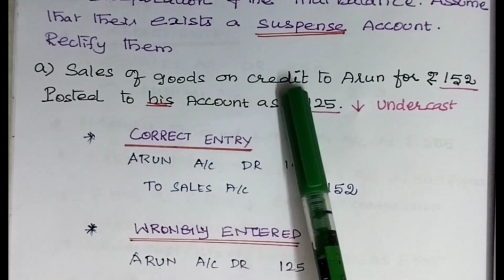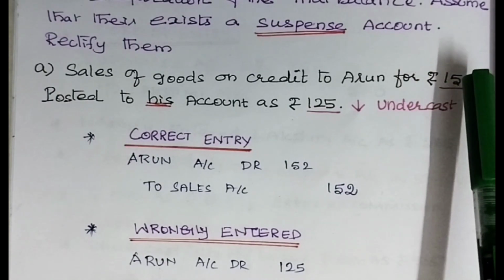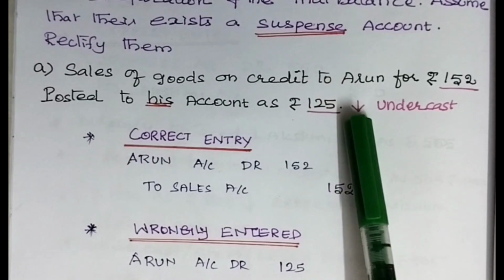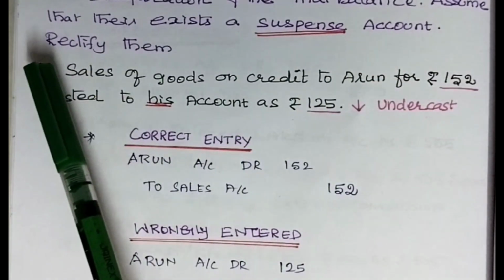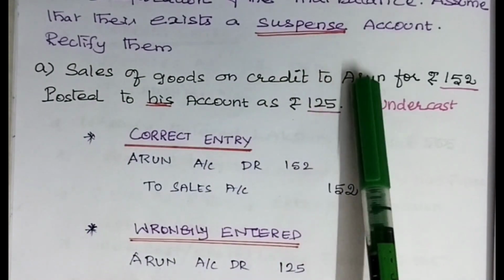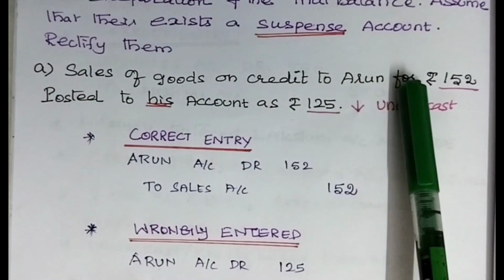Sales of goods on credit to Arun for rupees 152 posted to his account as rupees 125. Let's read the transaction again. Sales of goods on credit to Arun for rupees 152. What does this transaction tell us?